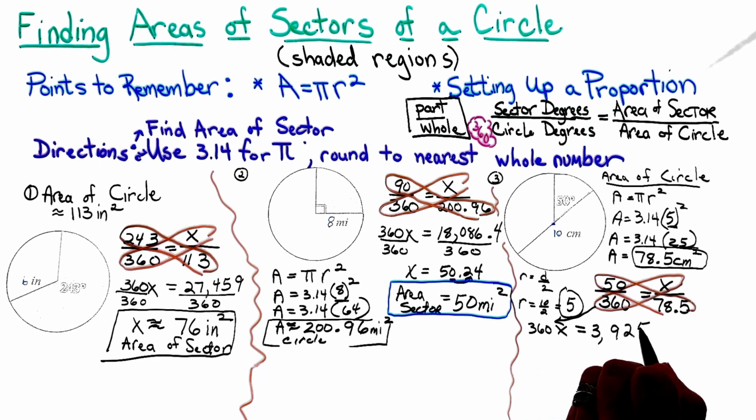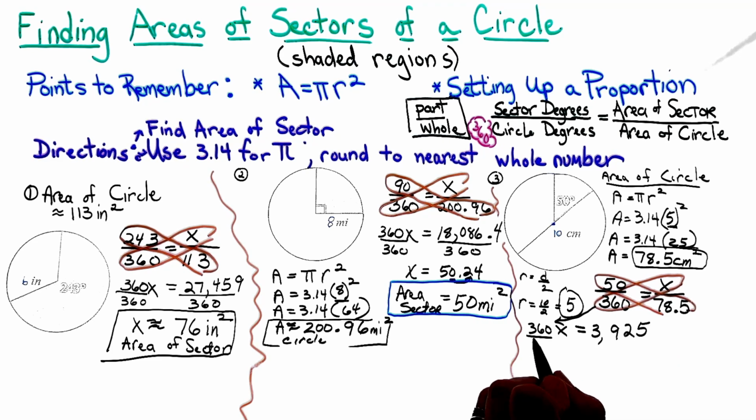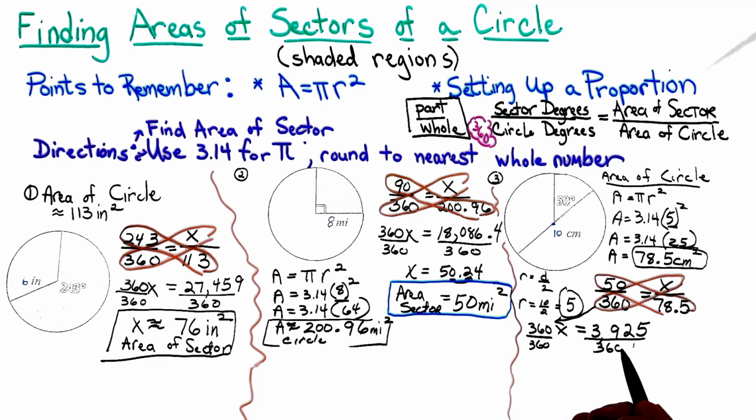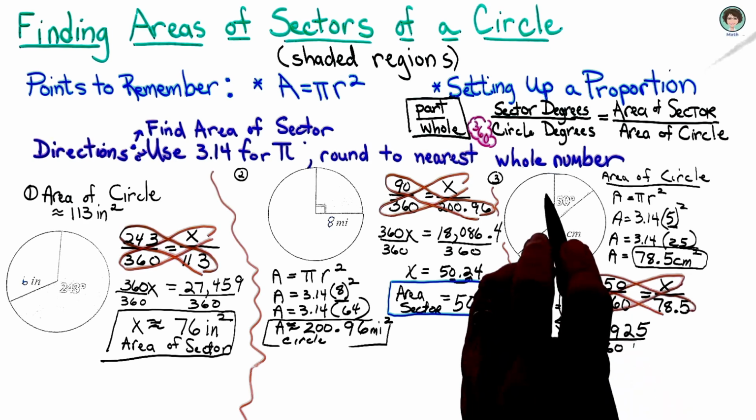3,925. Again, I'm dividing both of these by my 360. And as I do that, I end up getting approximately, again, that would be x is equal to 10.9, but they asked for the whole number.